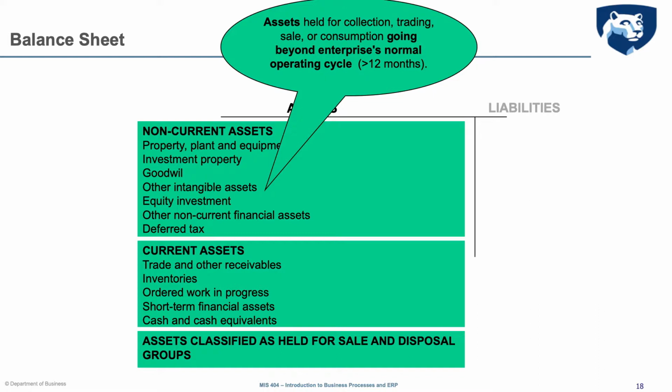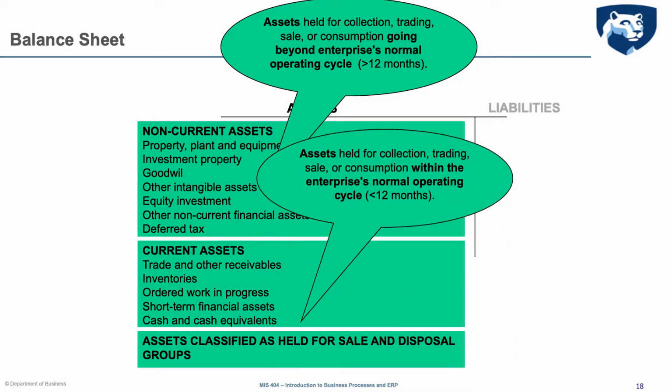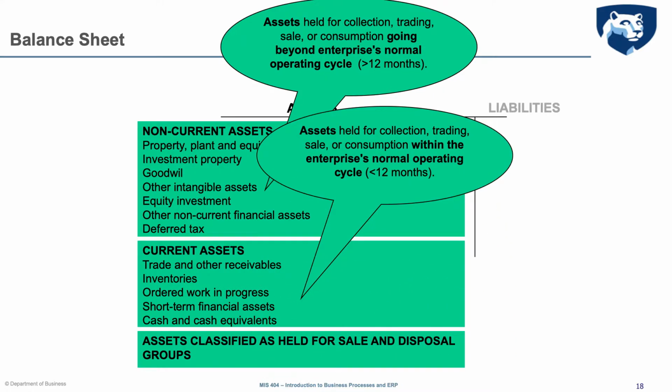Examples are property, plant and equipment, goodwill, equity investment, investment property, all this kind of stuff. These are opposed to current assets, which are assets that the company is holding and using to support revenue and cost, but with a normal operating cycle which is supposed to end at the end of the year, so lower than 12 months.